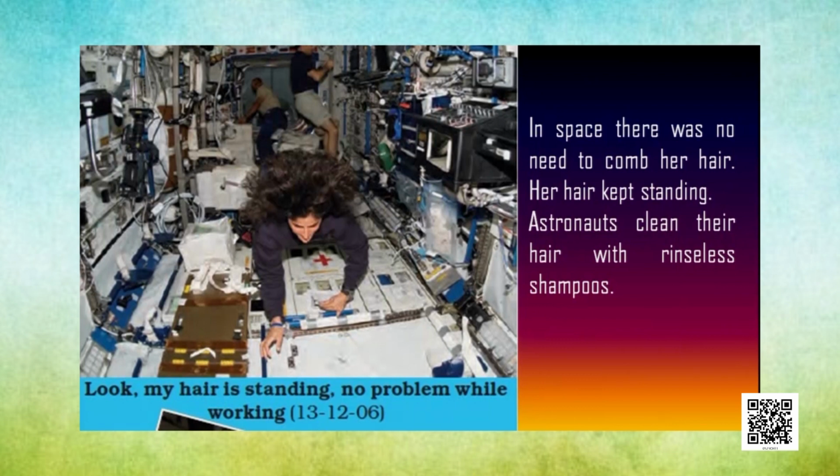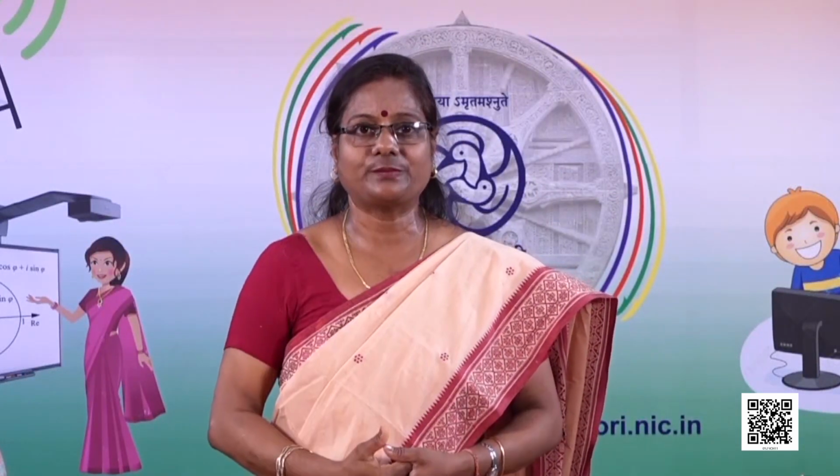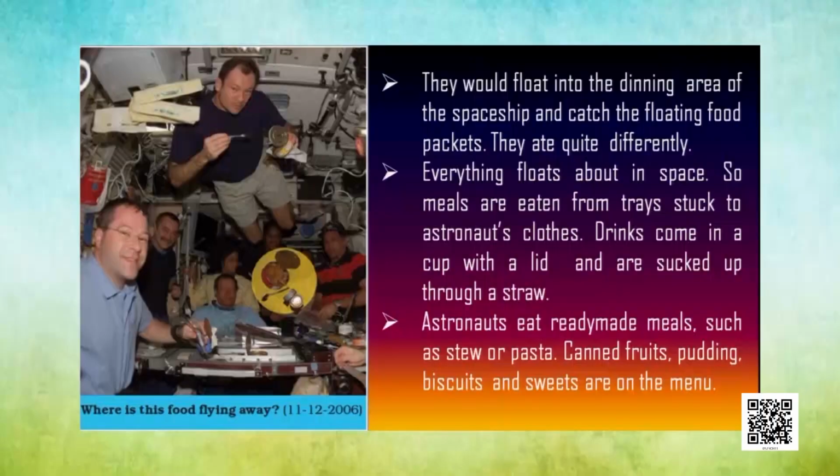She says in space there was no need to comb her hair. Her hair kept standing. Astronauts clean their hair with rinseless shampoo. As we use water to clean our hair, they don't have to use water. They use rinseless shampoo. Very interesting fact.